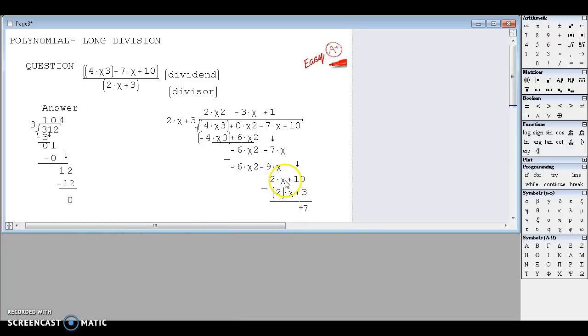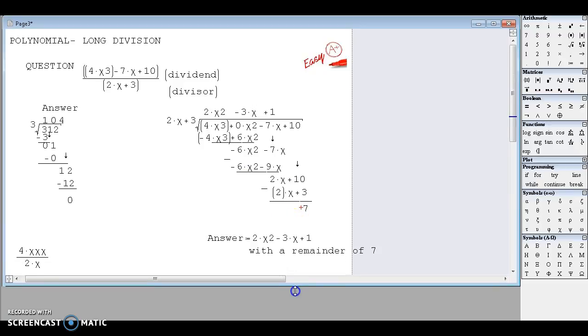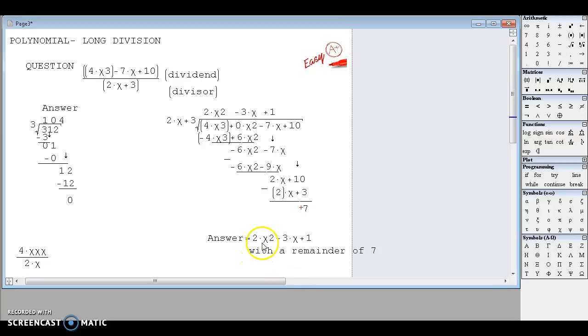And then 2x minus 2x is 0. 10 minus 3 is 7. And so your answer would be 2x squared minus 3x plus 1 with a remainder of 7, right?